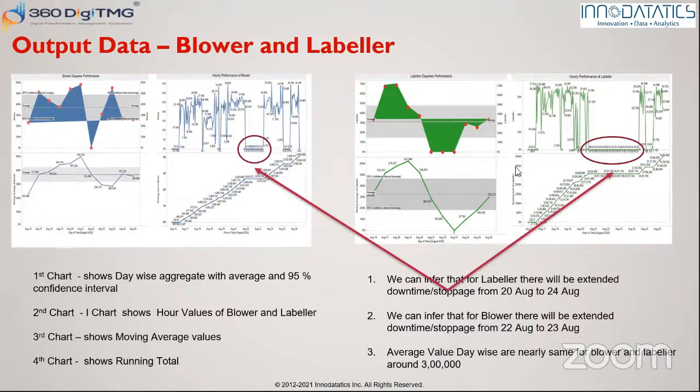This is a little similar to what we spoke about in the input data as well, where the labeler has more stoppages and more issues compared to the blower. So the first chart shows the reference band and the hourly performance, and we have also added the moving average and running total to see how the machine is performing in both stages.